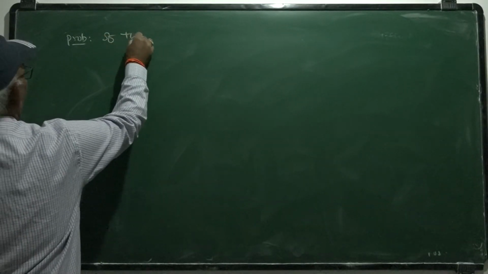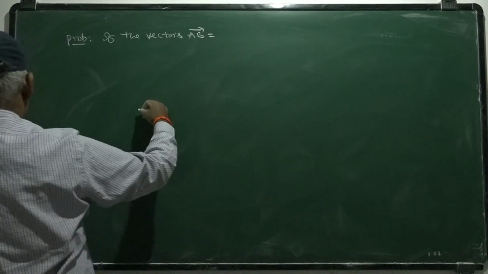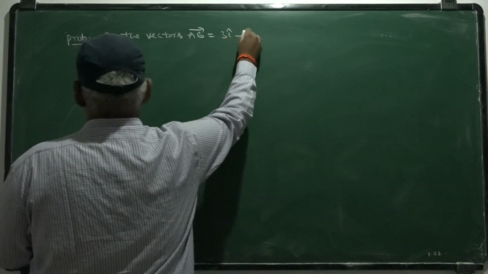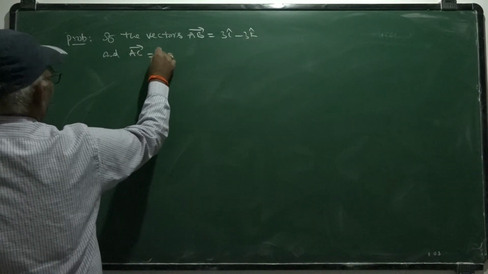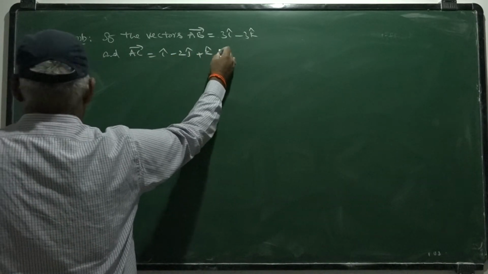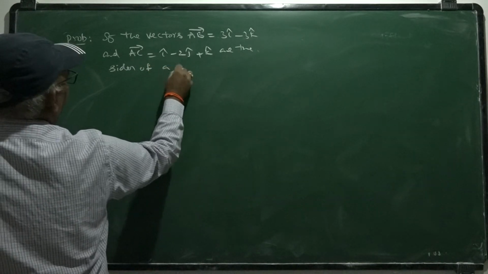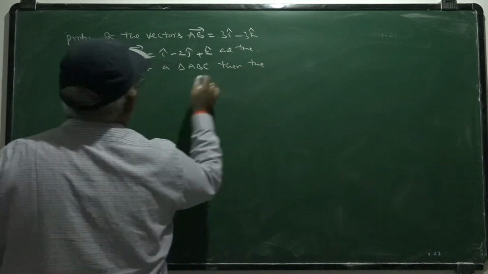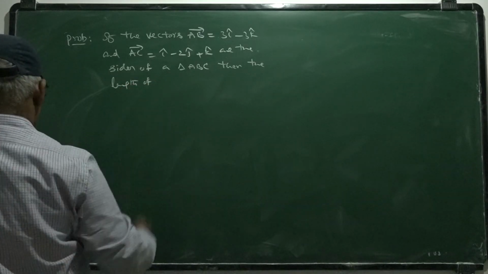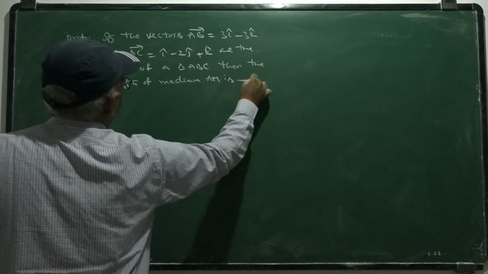Next problem. If the vectors AB bar is 3i minus 3k and AC bar is i minus 2j plus k, are the sides of a triangle ABC, then the length of the median AM is?